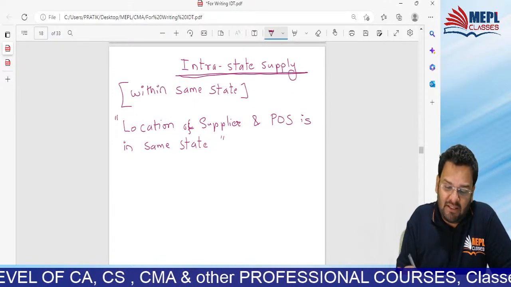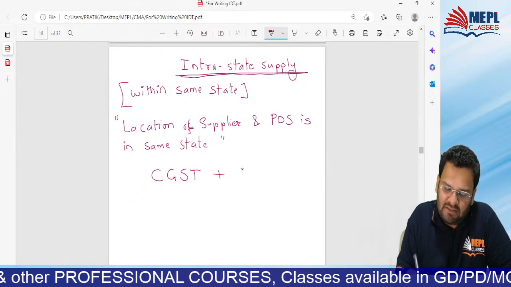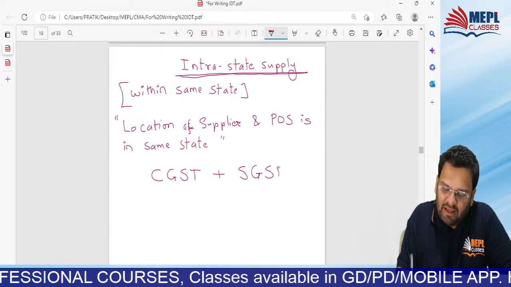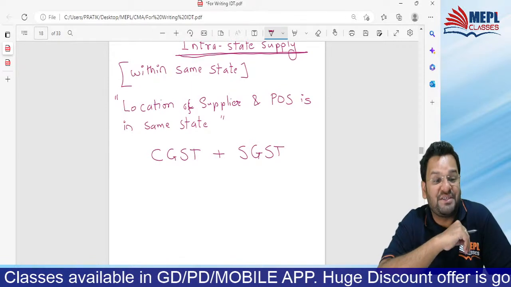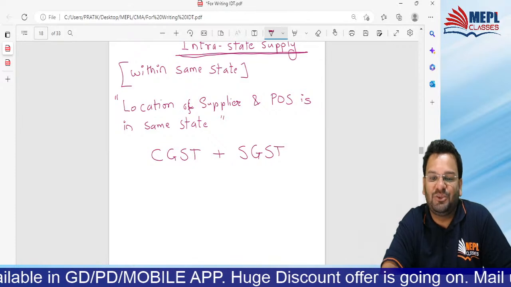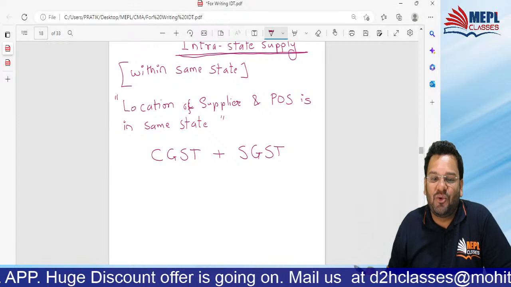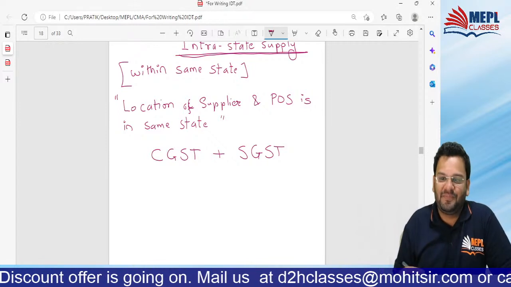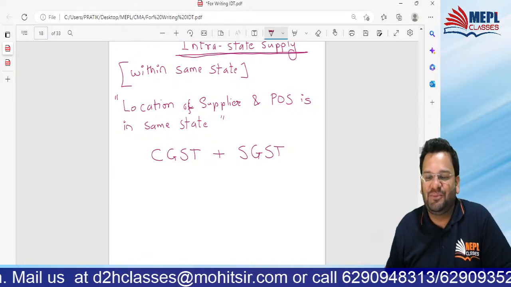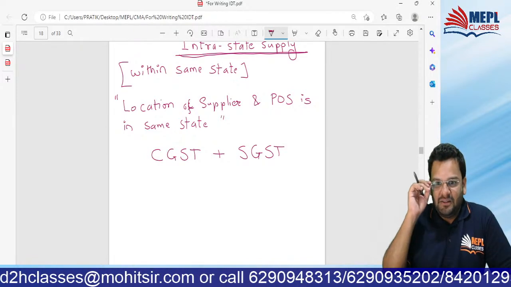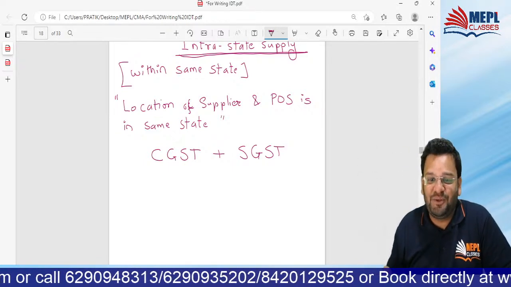So in such a case, there is CGST plus SGST. Agreed? Quickly let me know in the chat window whether you got this point or not.